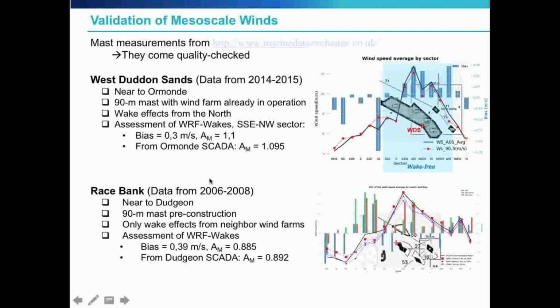These two sites are close to the Ormond and Dacian wind farms that are part of the study. You see we have a deviation which is around 1%. So this 1% is what we could attribute to this turbine performance, blockage effects, and so on. The takeaway here is that it is small compared to the wake losses and everything else.